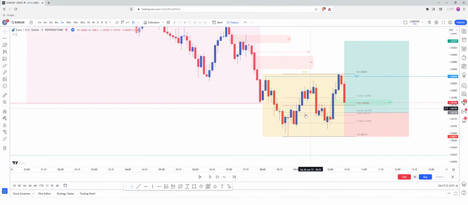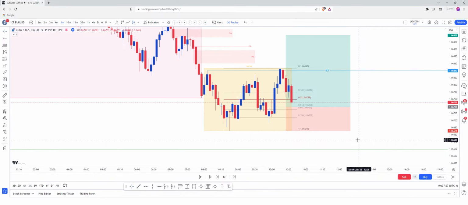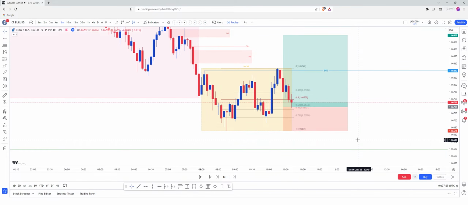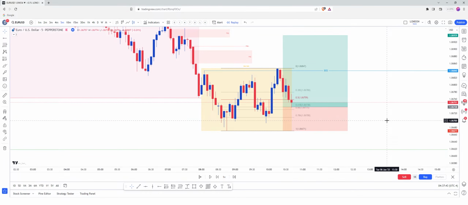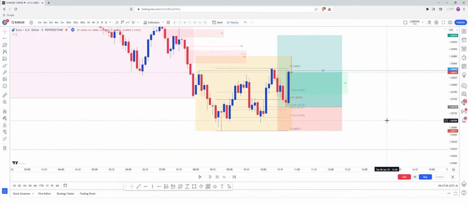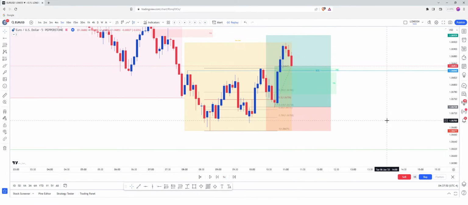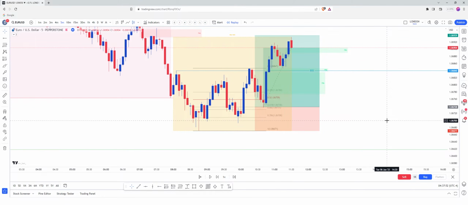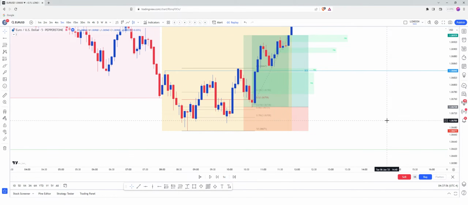We're getting a pullback, coming back into the fair value gap. We've just tapped the 0.618 perfectly, so that's tapped us into the trade. Price is accelerating away. And then we've hit take profit with essentially no drawdown.